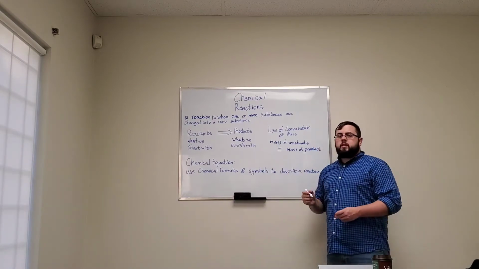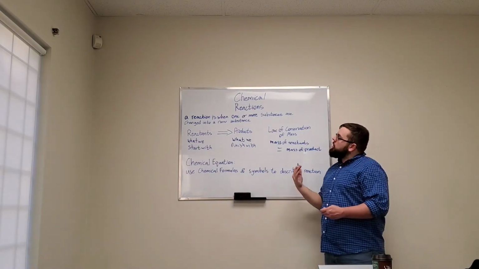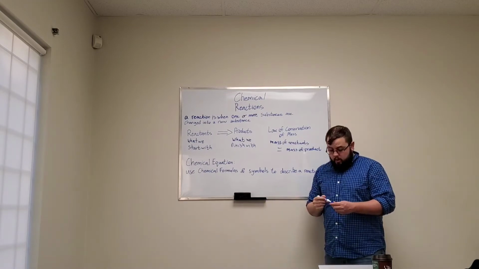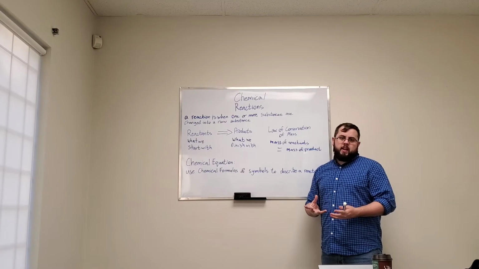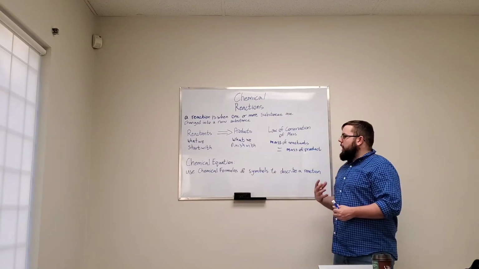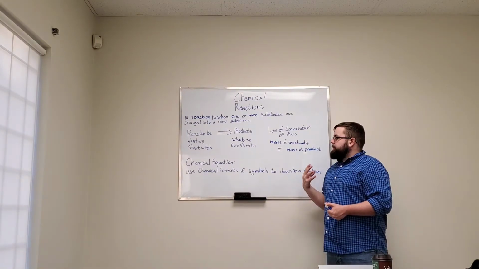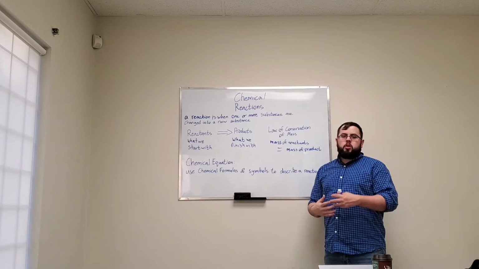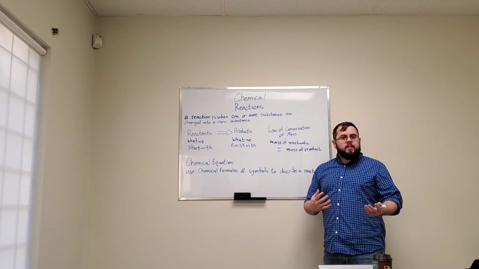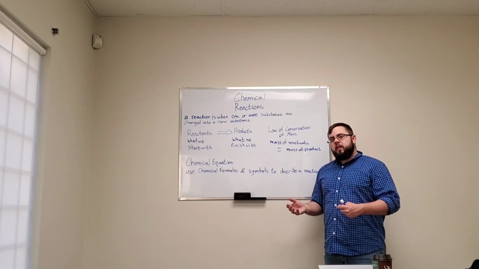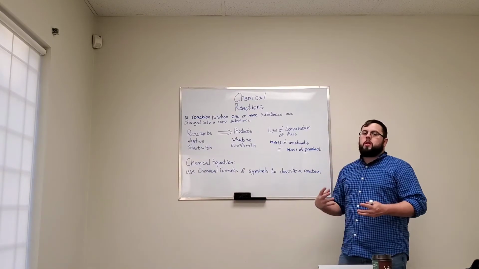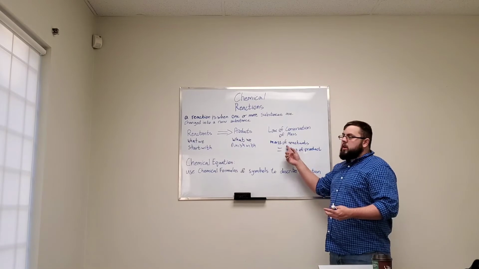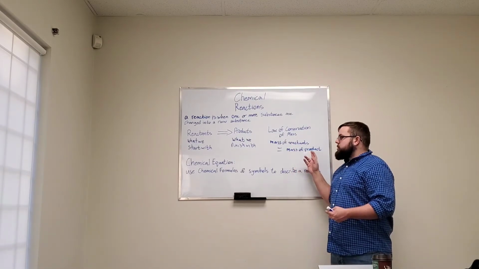So even though things are changing, turning from one substance into another, the stuff is all still there. You can't lose anything. Okay, so while water may turn into gas or into ice, the same amount of mass of water molecules is still going to be there, right? So your starting amount is always going to be the same as your end amount.